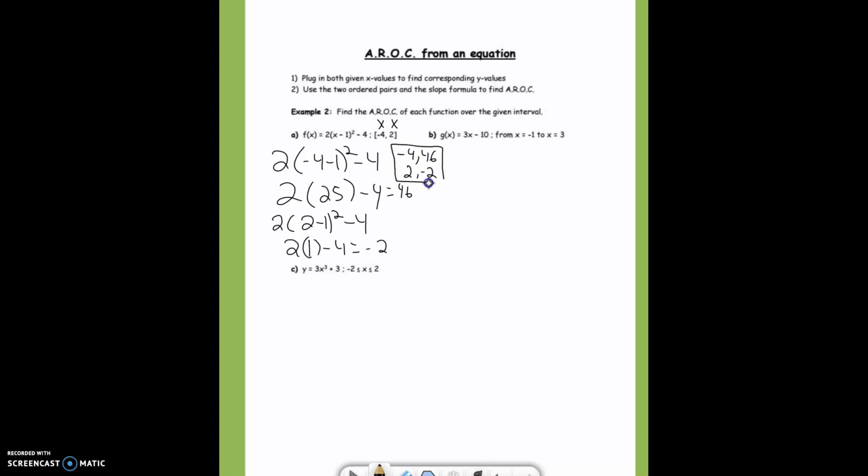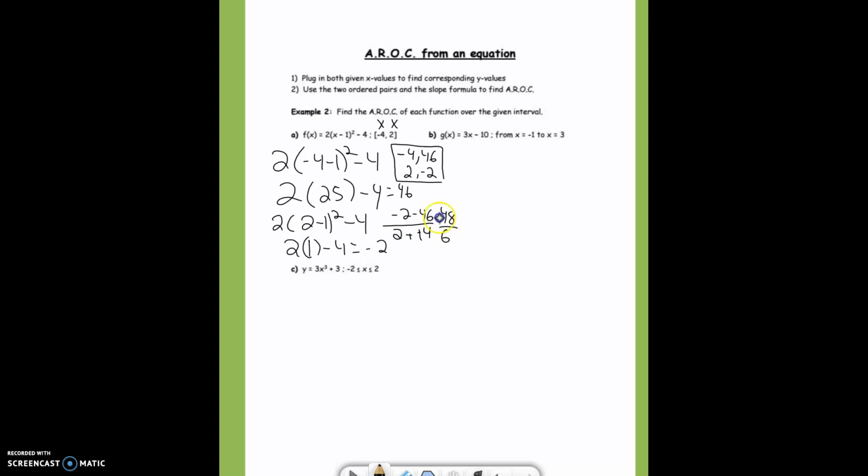So right here are my 2 points, and I am going to use the slope formula now, okay? So if you remember, the slope formula is going to be what? -2 minus 46 over 2 minus -4, which would be 46, 48 over 6.